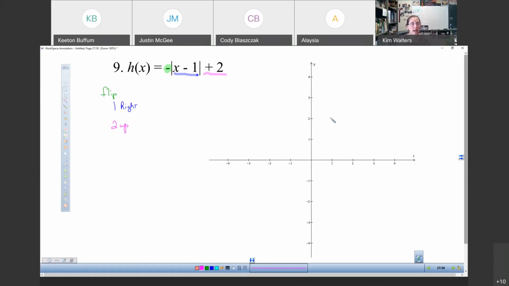So in the end, it's going to be here, and it's going to go down. And that's what my final graph is going to look like. So I went right 1, flipped it over, up 2.